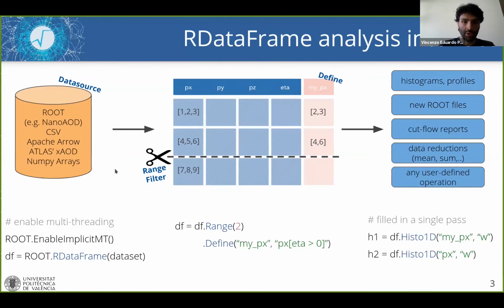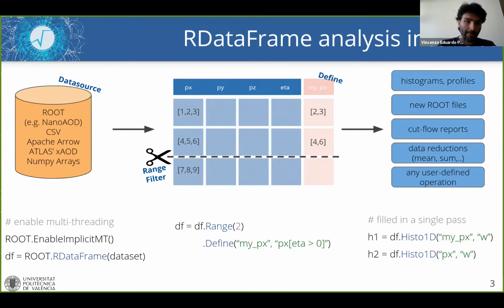I'm not sure about the data source that you have in mind. If it's in this list, probably RDataFrame will support it. If it's not in this list, it will not be supported, but you can always make a request for adding support for a data source, since different data sources can be added and supported in RDataFrame.